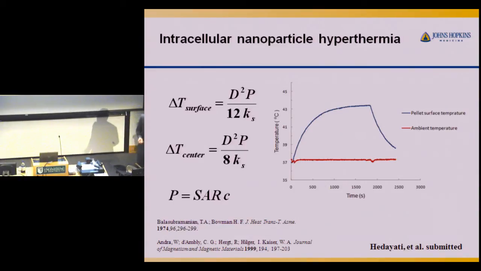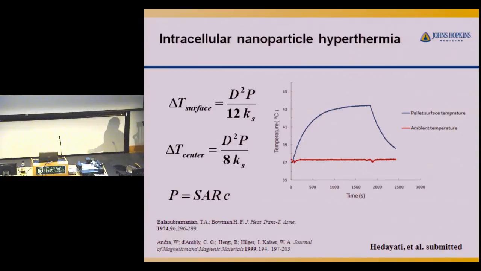From this very simple model, you can calculate what the predicted temperature at the surface of that sphere ought to be, and what the temperature at the center of that sphere ought to be. These are the relationships on the top left-hand side, and D is the diameter of the sphere.